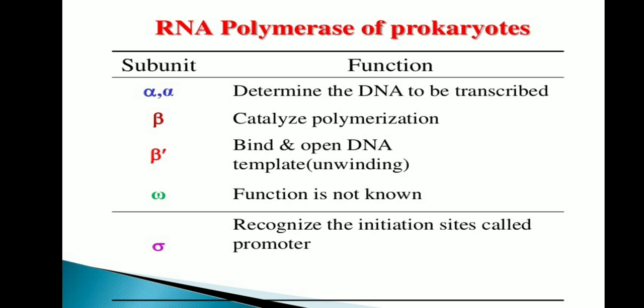The beta subunit catalyzes the polymerization reaction. The beta dash subunit binds and opens the DNA template. It means it has the capacity to unwind the DNA, as DNA is double stranded, so it will convert into a single strand and another single strand, that is called the template strand. So that template strand is going to be transcribed.